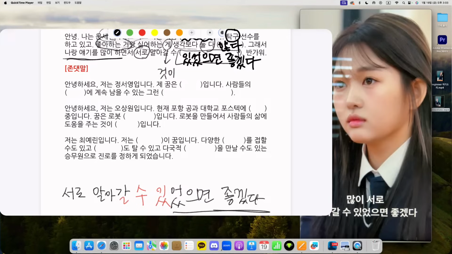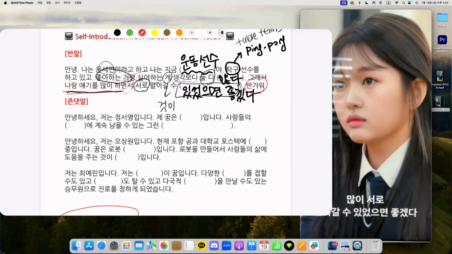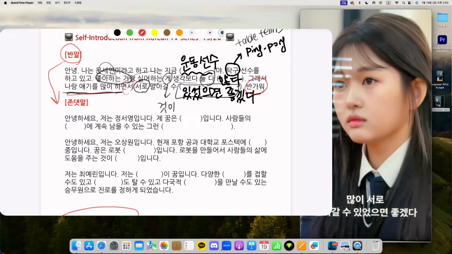I wish that we are able to get to know each other while talking a lot. While sharing many things. 그다음에, and then he finishes, he uses 반가워 as his closing remarks. Nice to meet you. So this was done in 반말. And the rest, self-introductions, will be done in 존댓말, guys.